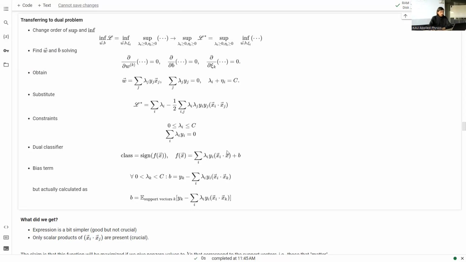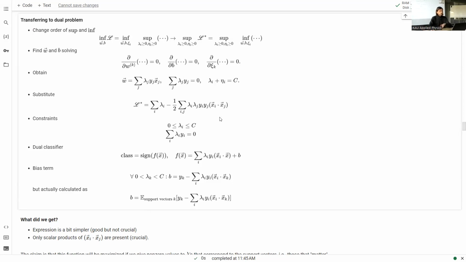You see that all expressions we have here contain scalar products of x's with different data points, or scalar products of data points among themselves. We do not see bare x's here. They are all incorporated in some sort of scalar products.